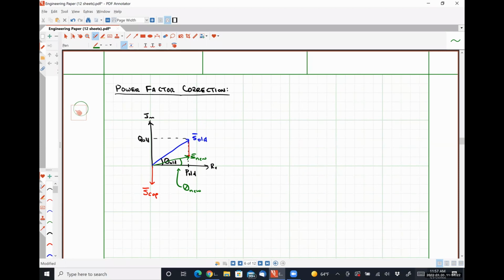So our relationships here are as follows. S old is equal to P old plus jQ old, and S new is equal to S old plus S cap, the complex power being provided by our capacitor.